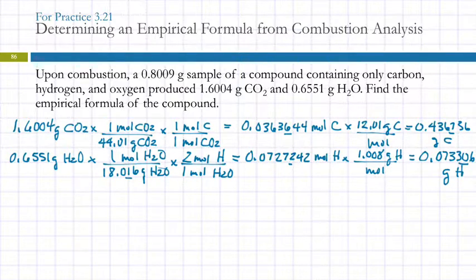So I need to get to grams of oxygen. So I have my whole sample, 0.8009 grams of my compound. And I'm going to subtract the mass of the carbon, and I'm going to subtract the mass of the hydrogen.